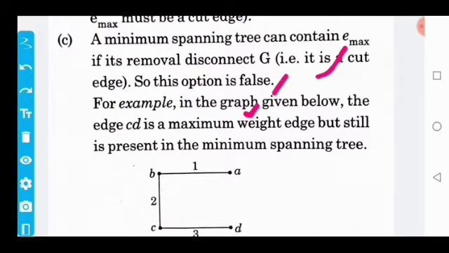For example, in the graph G given below, the edge E C D is a maximum weight edge, but still it is present in the minimum spanning tree. After removing this edge E, C and D, there does not exist a minimum spanning tree. So hence option C is the false statement.